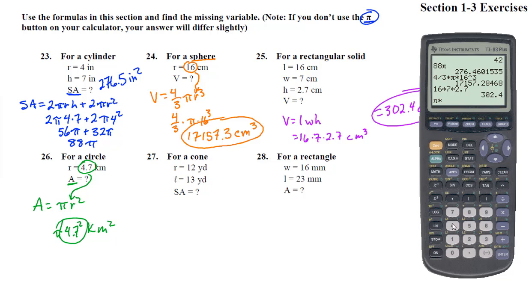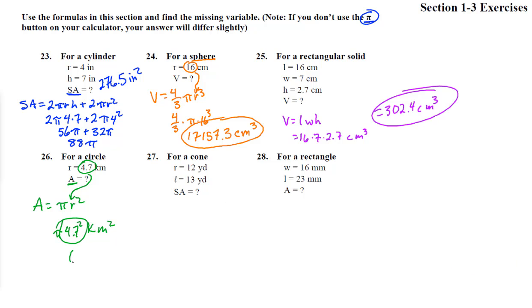We get 69.3977, 69.4 kilometers squared. If you chose to round at a further place, that's perfectly fine. You could go 4 places, 69.378.